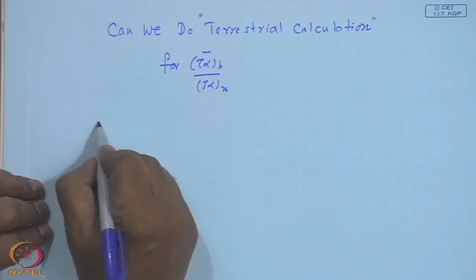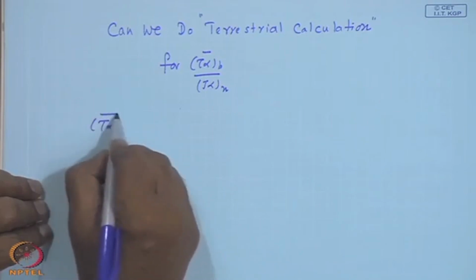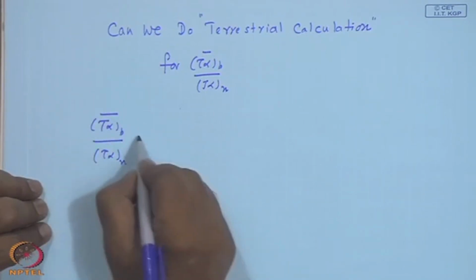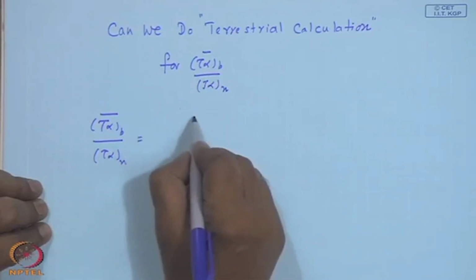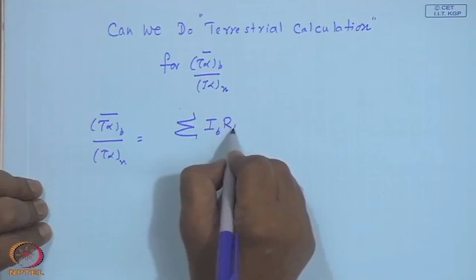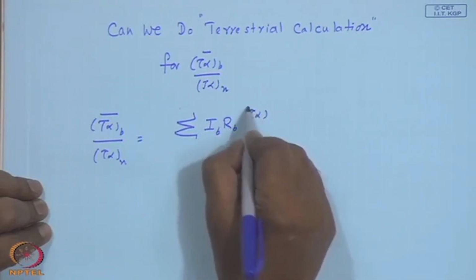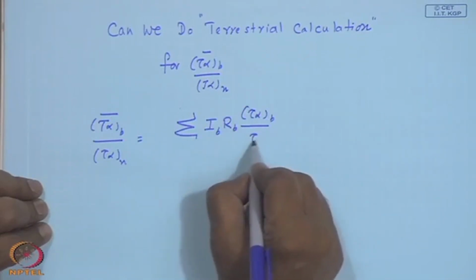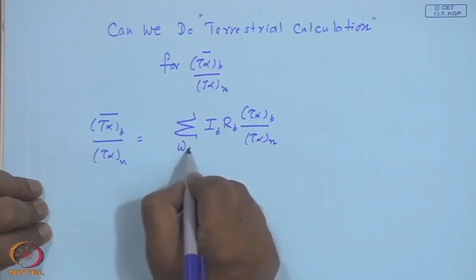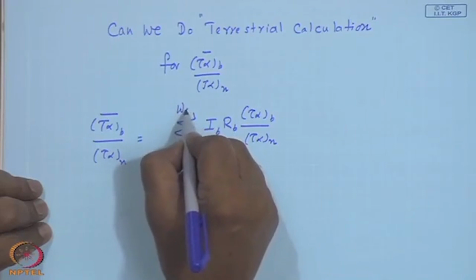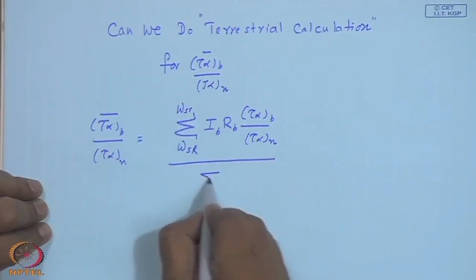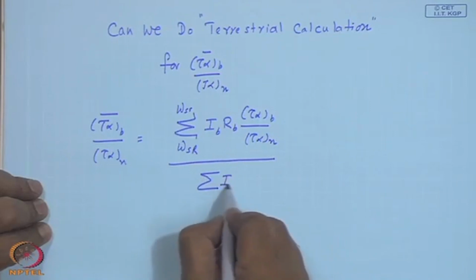So, by definition tau alpha bar b by tau alpha n should be equal to, for a single day once again, so we can call it now omega s r, omega s s, because this is only the direct component of the radiation.